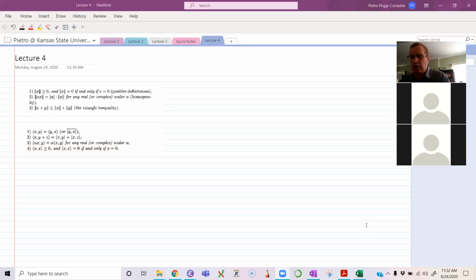So we've been talking about norms and inner products, and these are the axioms for the norms. These are the axioms for the inner product.